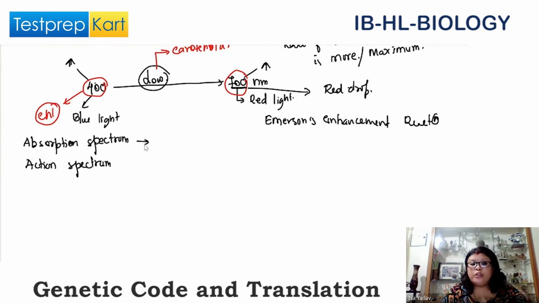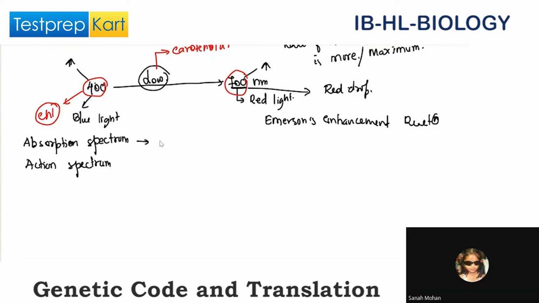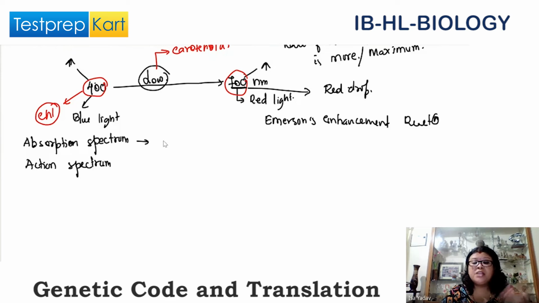So Sana, can you tell me in the absorption spectrum, in which light will the chlorophyll absorb more light? Blue and red, yes or no? Yes. So the absorption spectrum means the plant will absorb blue plus red light.